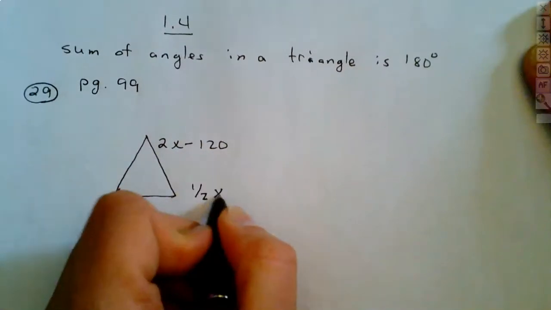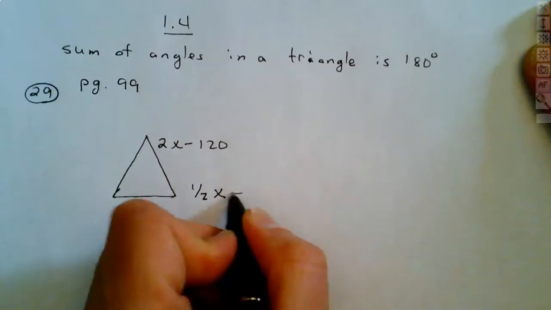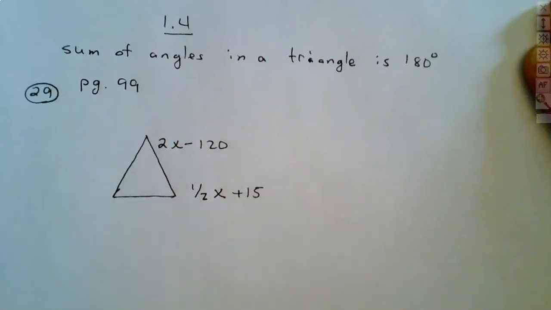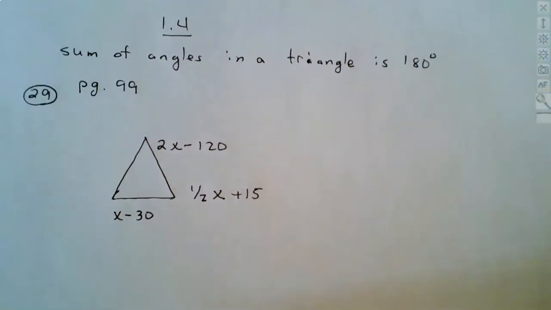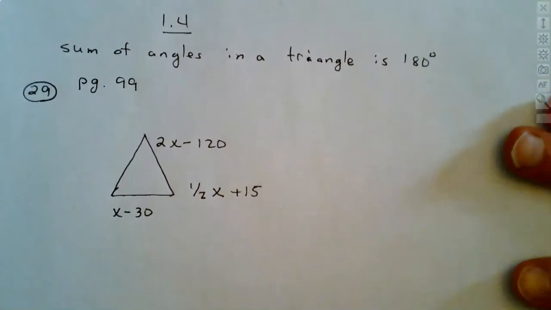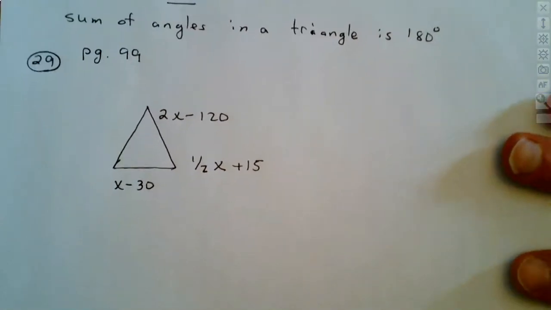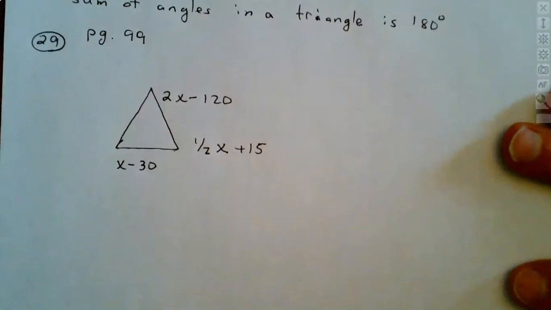We've got 1/2 x plus 15 here. And then we've got x minus 30 down below. These are going to sum to 180. So we're going to go ahead and add these up to 180.